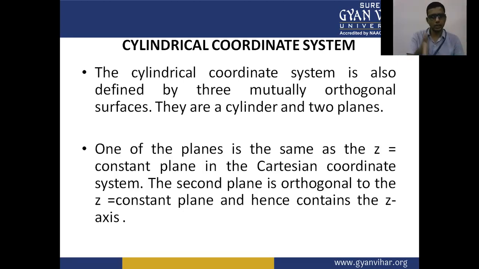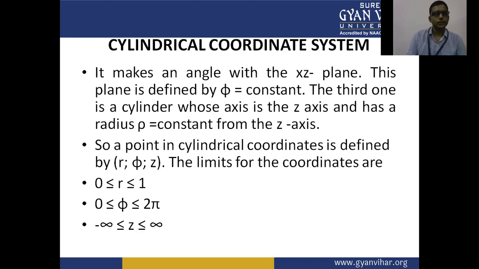It makes an angle with the xz direction. This plane is defined by phi constant. The third one is a cylinder whose axis is the z axis and has a constant radius rho or r from the z axis. So a point in the cylindrical coordinate system is defined by r, phi, z.